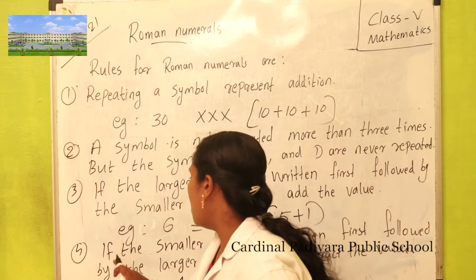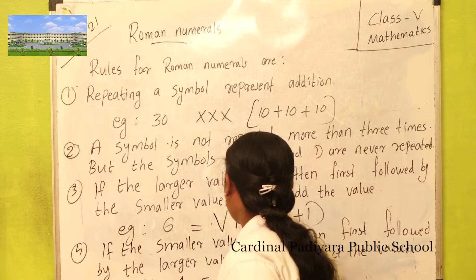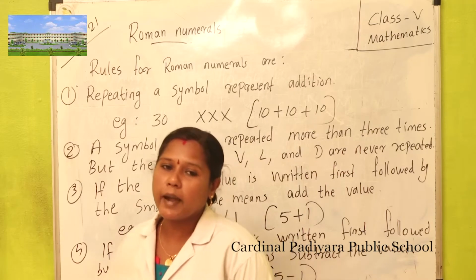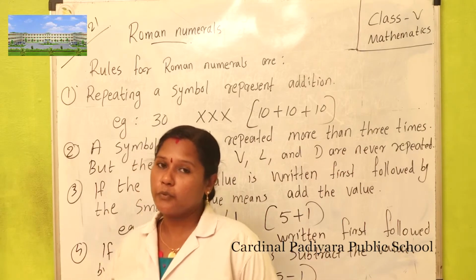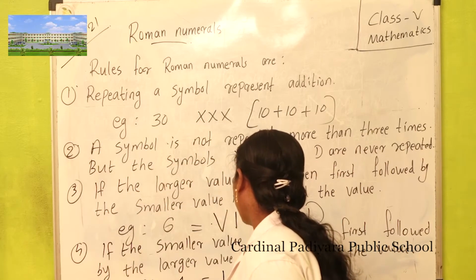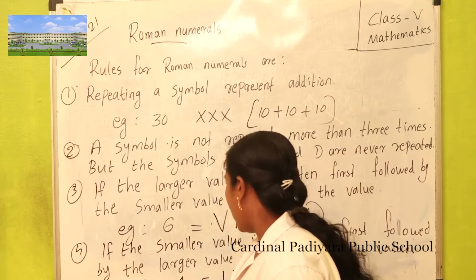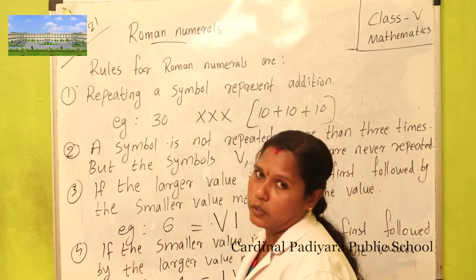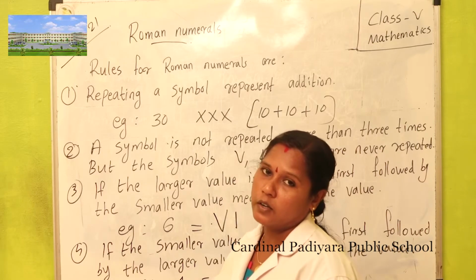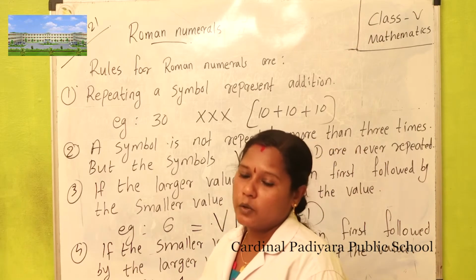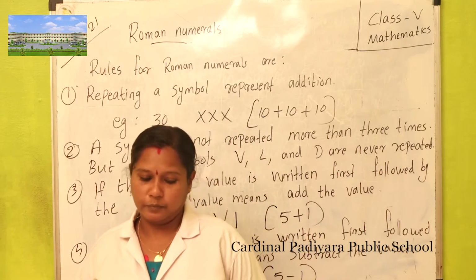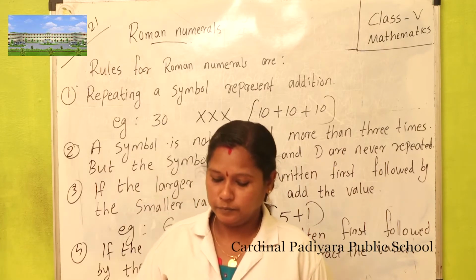Last rule, if the smaller value is written first followed by the larger value, subtract the value. 4 is IV, 5 minus 1. These are the 4 main rules. Is it clear?